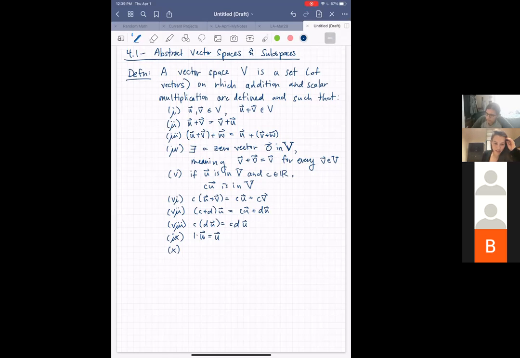Okay, it's that for every u there exists a v such that u plus v is equal to 0. So it has an additive inverse, right? And so in particular, this v will be just negative u, so negative 1 times u.